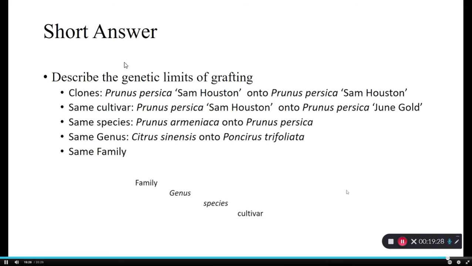Then different families, wow, this is nearly impossible. There aren't any documented cases of taking a plant from one family and grafting it onto a plant in a different family. So again, to summarize, the further apart they are genetically, the less likely they are to heal properly and form a successful graft union.